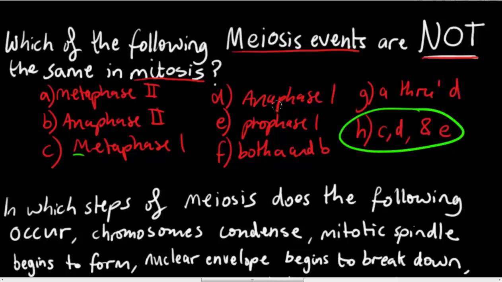In mitosis, it's the sister chromatids separating, not the homologous pairs separating, so that's different. And then in prophase 1, E, well, we've got genetic recombination, crossing over. That doesn't happen in mitosis. That only happens in meiosis. So the answer is C, D, and E, or just H.